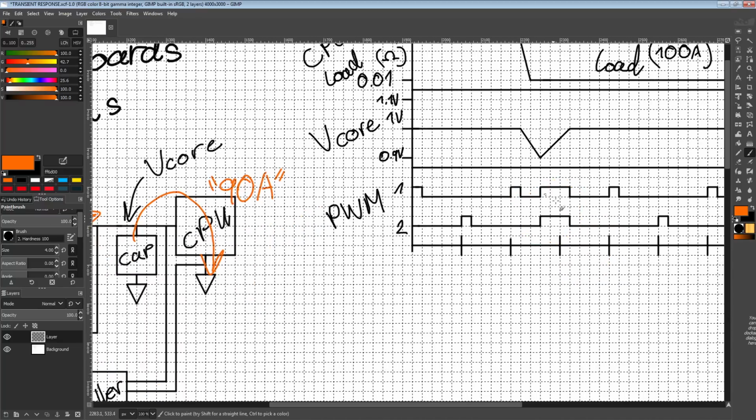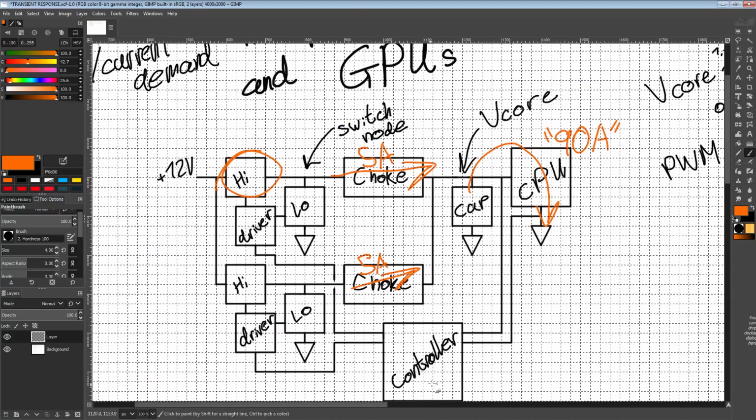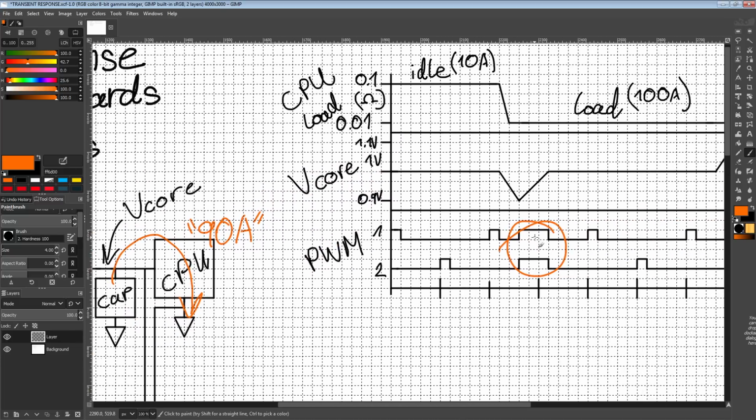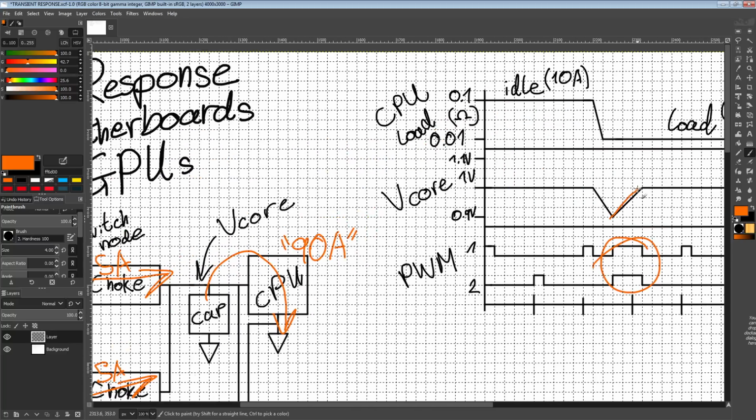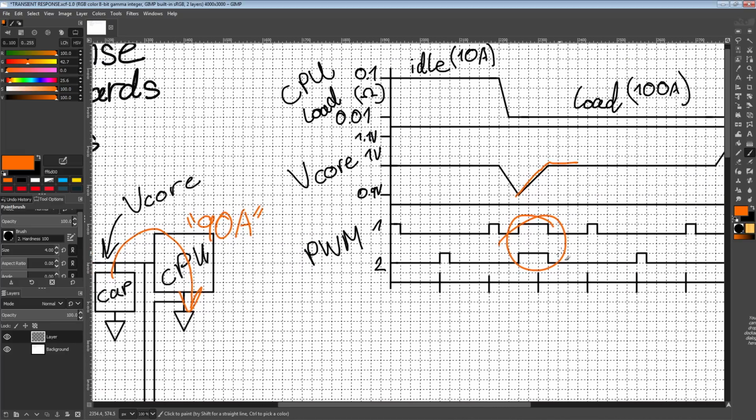But for convenience's sake, I've drawn a scenario where our controller is super clever and immediately figures out how long it needs to turn both high side MOSFETs on to bring our voltage level exactly back up to where it's supposed to be. That's not realistic, because normally the controller will miss a little bit. It'll also not necessarily give you two big fat high side pulses. There are a bunch of different ways this is going to be done, but here we're just going to keep it nice and simple.